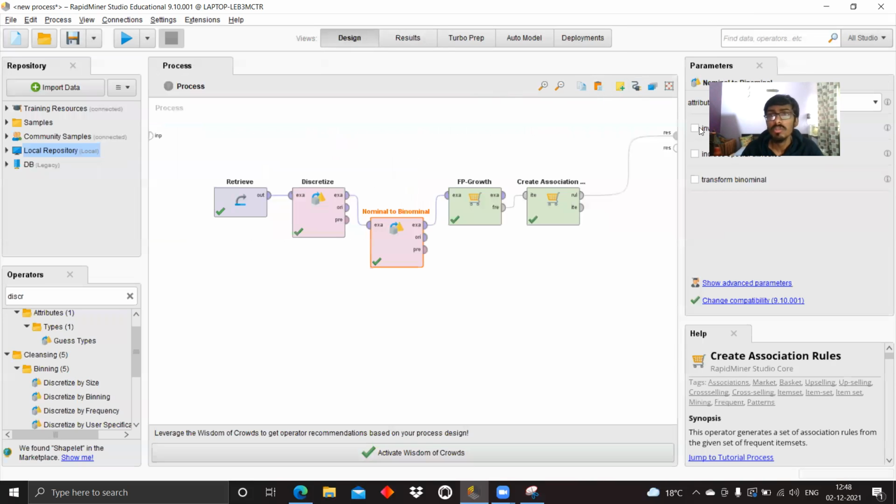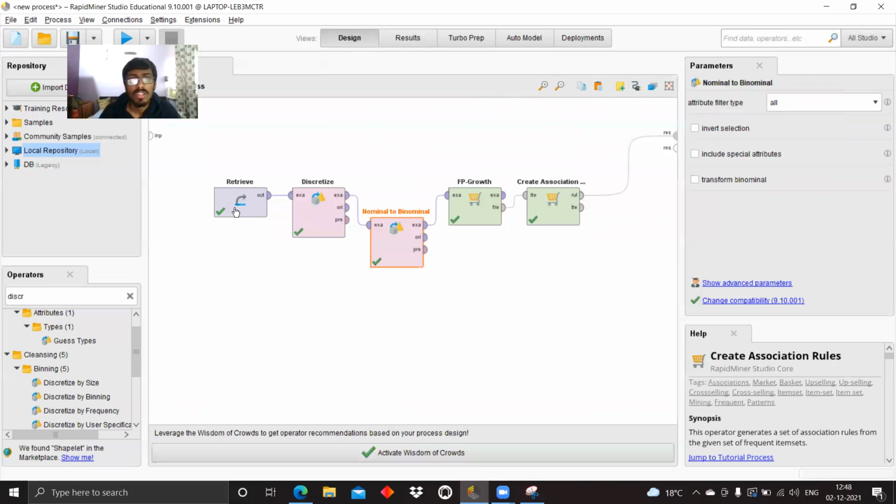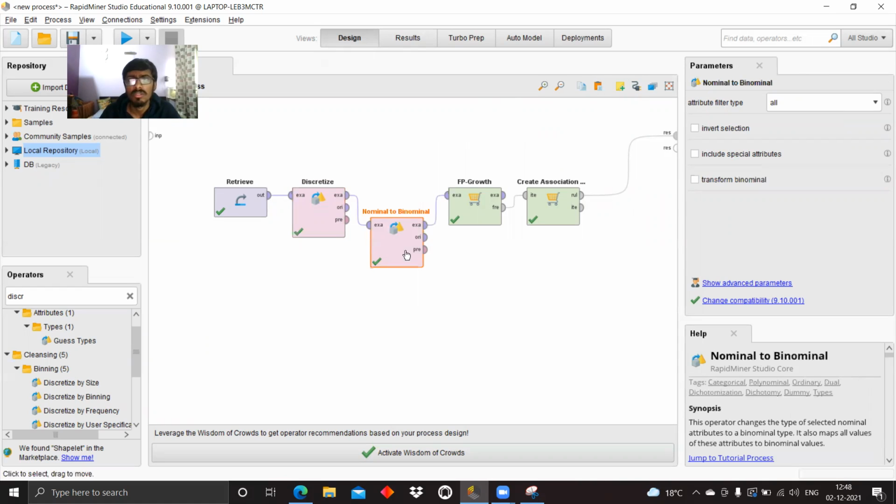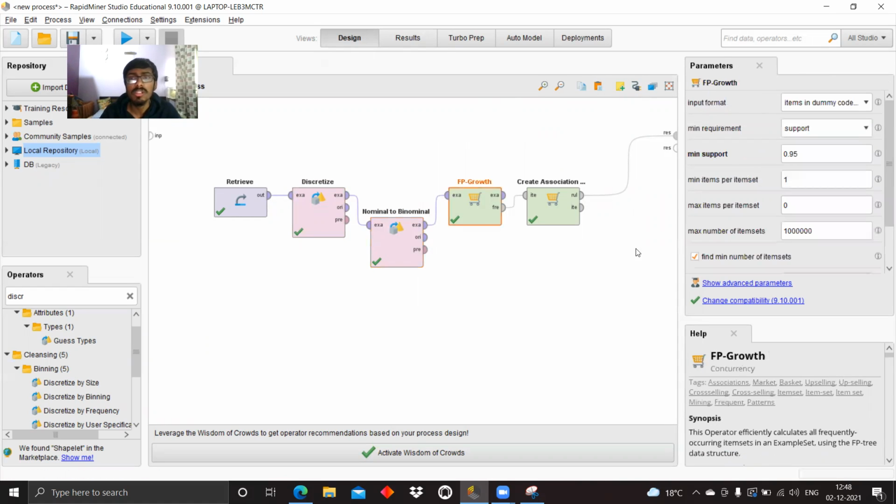Now I'll show you the parameters for each operator. This is discretize. This is not very important. This is nominal to binomial, and FP-Growth. Here you can check the minimum support, minimum items per item set, maximum items per item set, maximum number of item sets, and so on. Here you can also look at the frequency and the given minimum frequencies.